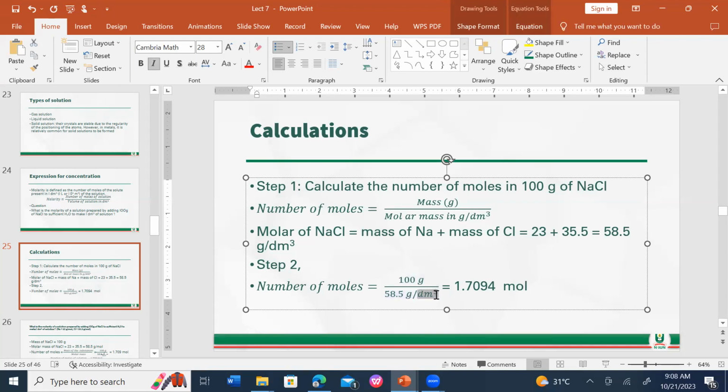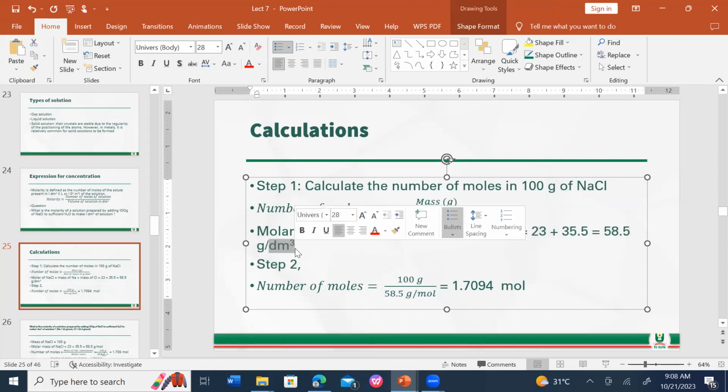Sorry, this one is gram per mole. Molar mass is in gram per mole, not dm cube. So that is the molar mass in gram per mole. So 100 grams of sodium chloride contain 1.7094 moles.